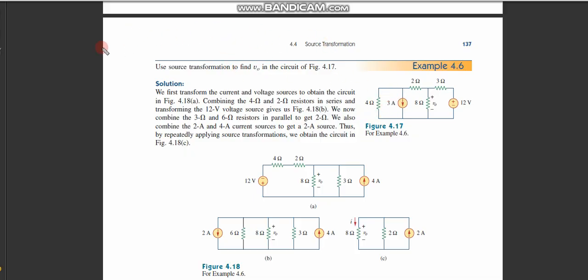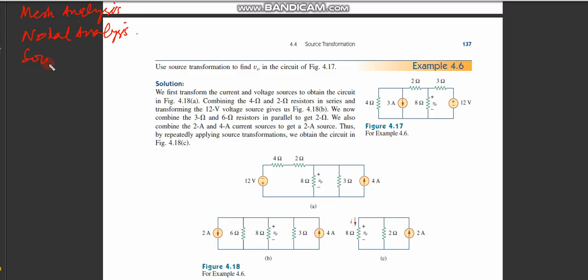The other methods are mesh analysis, which we did last time, and nodal analysis, which we also did last time.